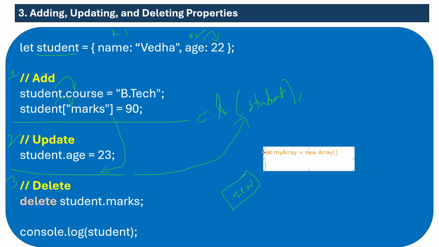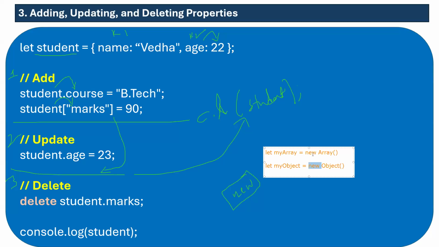Guys, the way that I created an array, in a similar way you can also create an object like this. Let my object equal new Object. Can you guess what new is doing here? In the second line, what is new doing? Creating a new object. Creating memory for the object.